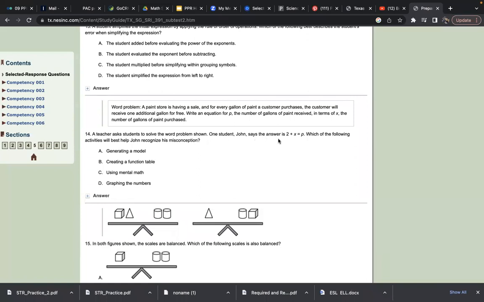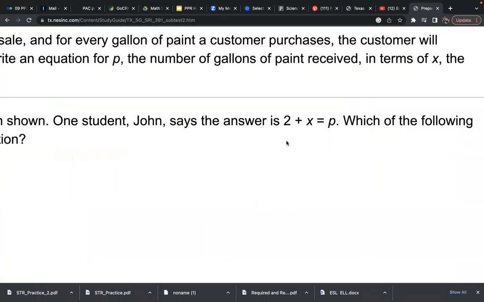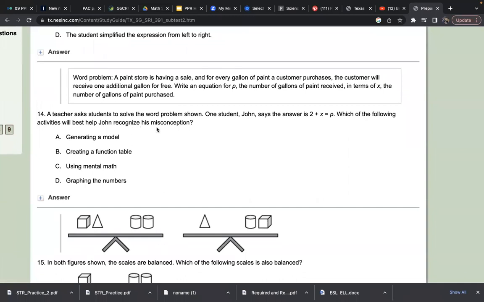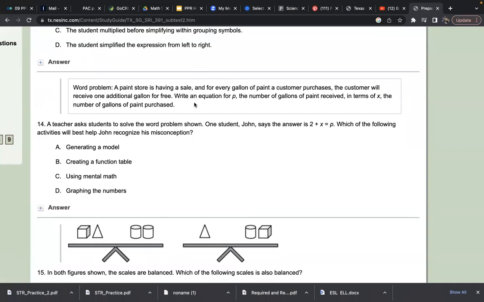John says the answer is, I can't see, I'm sorry, that's why I was having trouble reading, my eyesight is so bad, 2 plus X equals P. Which of the following activities will best help John recognize his misconception? I didn't read this, so I don't really know, but I bet it might be generating a model.